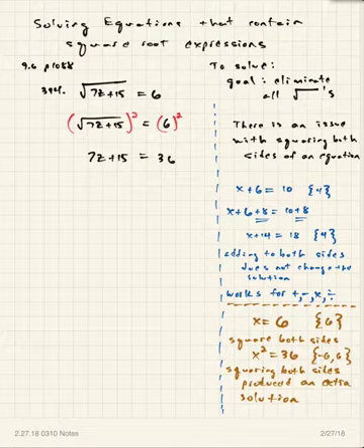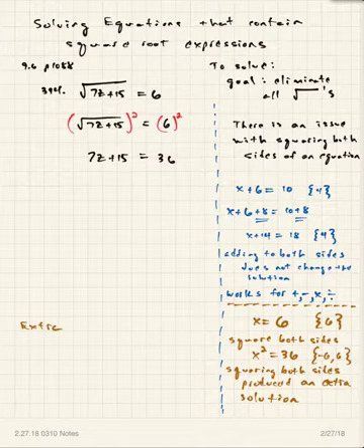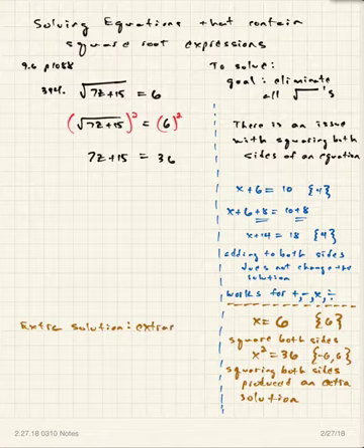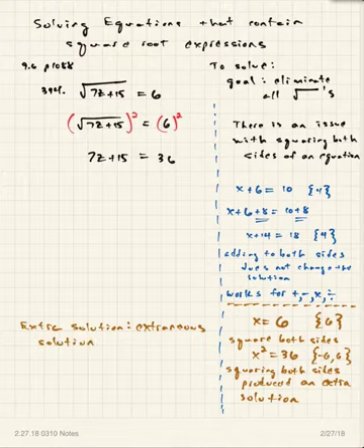And so the extra solution, if it happens, has a name. It's called an extraneous solution. So a solution that's an extra solution is called an extraneous solution. And the only way to find those extraneous solutions is that you have to check your solutions.